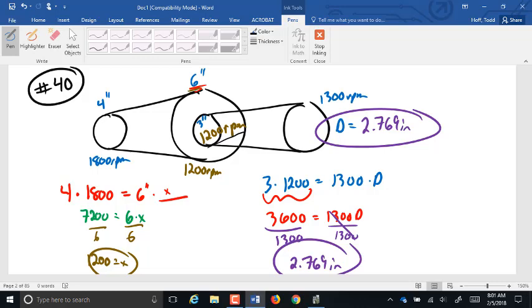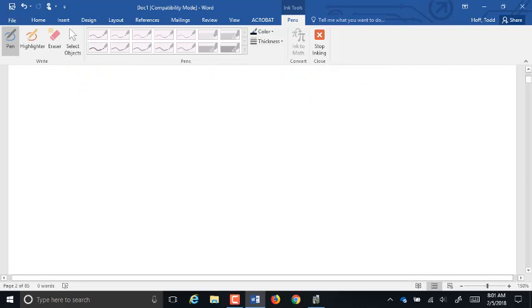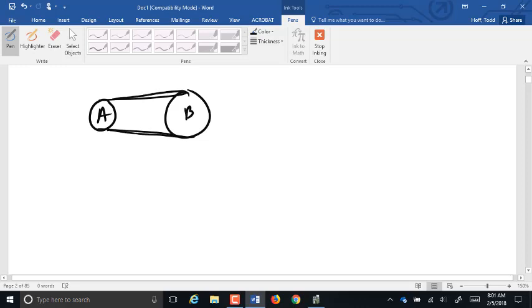If we look at like number 56. We have pulleys A and B. And it says pulley B turns 7 times for every turn of pulley A. Now that's not RPM, is it?